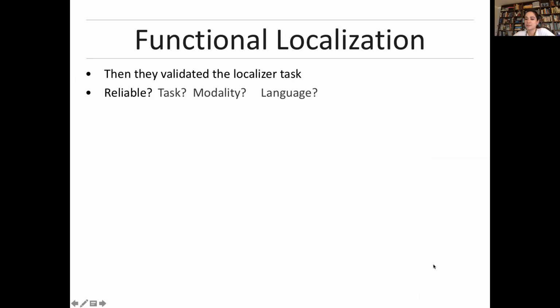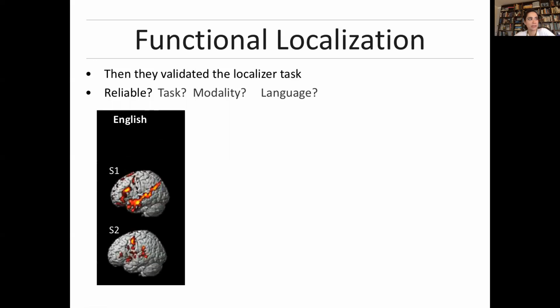Then you might be asking yourself, well, how about different languages? Would we be able to see these same regions? So if these clusters of brain activation are indeed the language network, then we should be able to see them no matter what language, because language is the same sort of skill and it's the same domain across people, no matter what the particular language is or no matter what the culture.